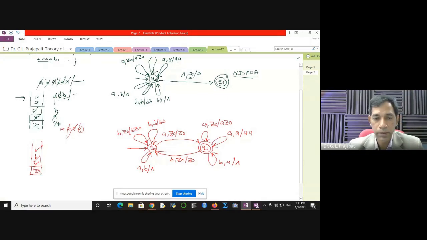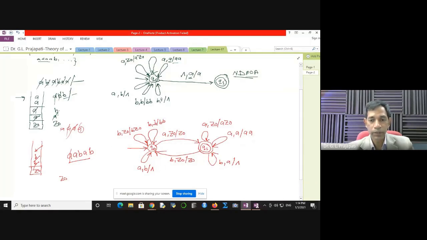Hence, if you have any valid input which has more number of A's as compared to the number of B's, you will be in the final state. For example, if you have input A and top is Z0, you go to the state Q1.